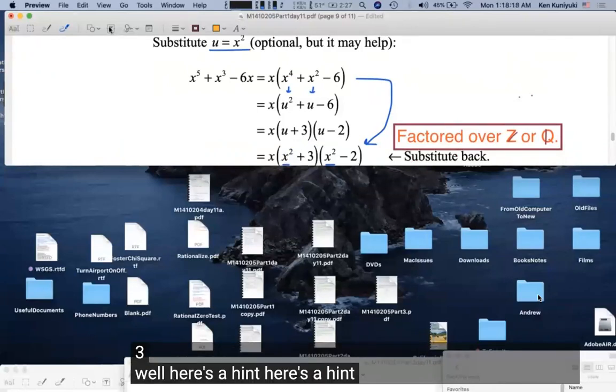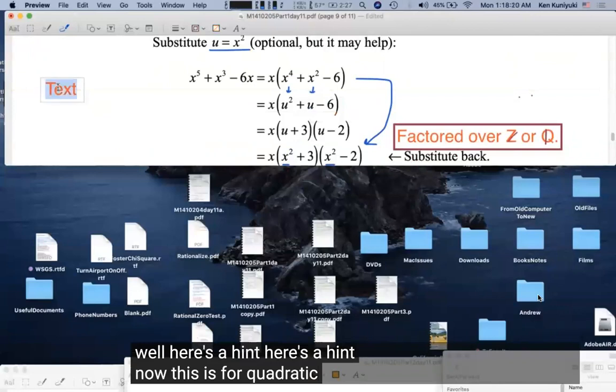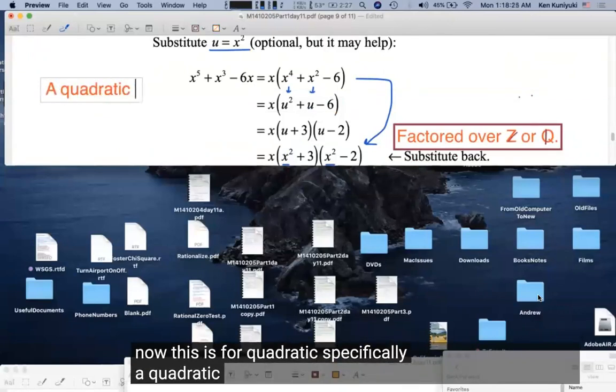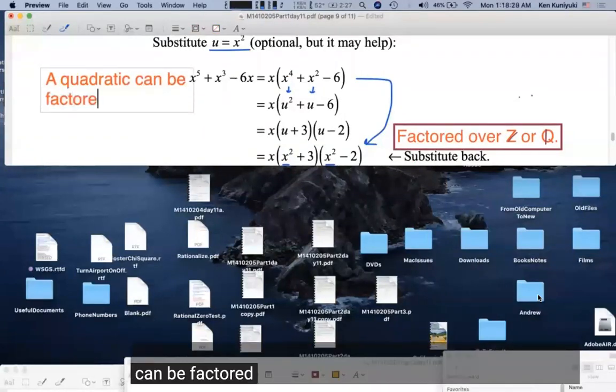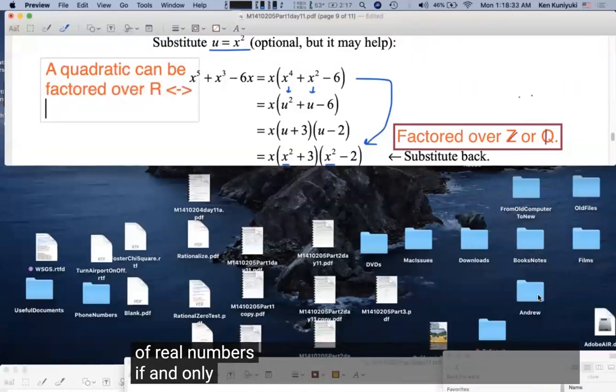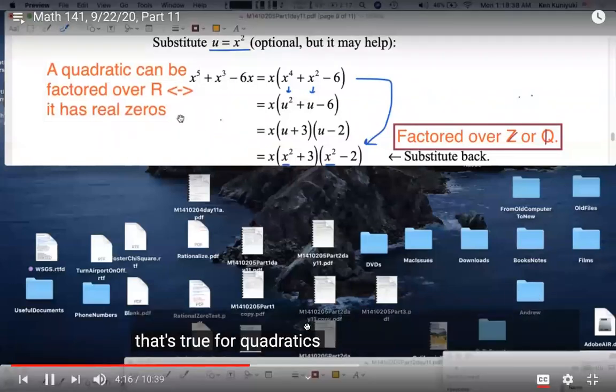Now, this is for a quadratic specifically. A quadratic can be factored over the reals, the set of real numbers, if and only if it has real zeros. That's true for quadratics. I'm assuming that you factored out the GCF, by the way.